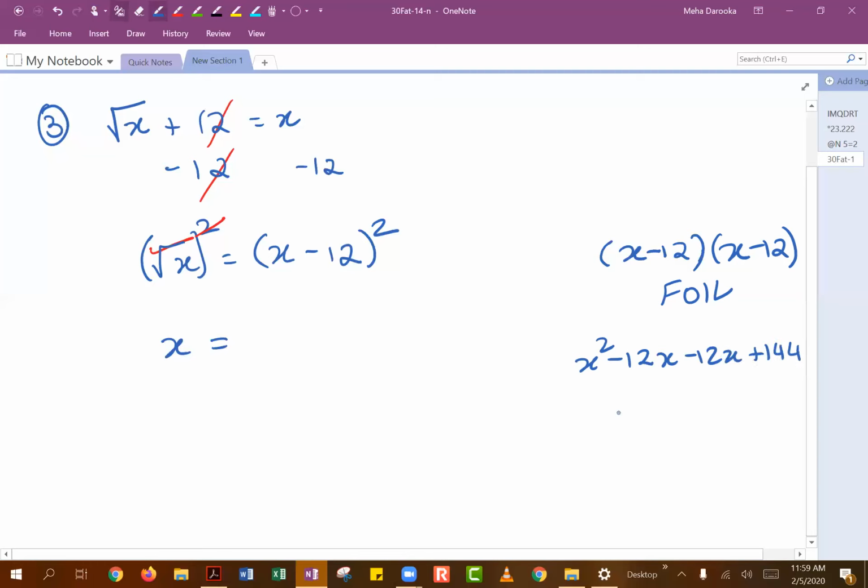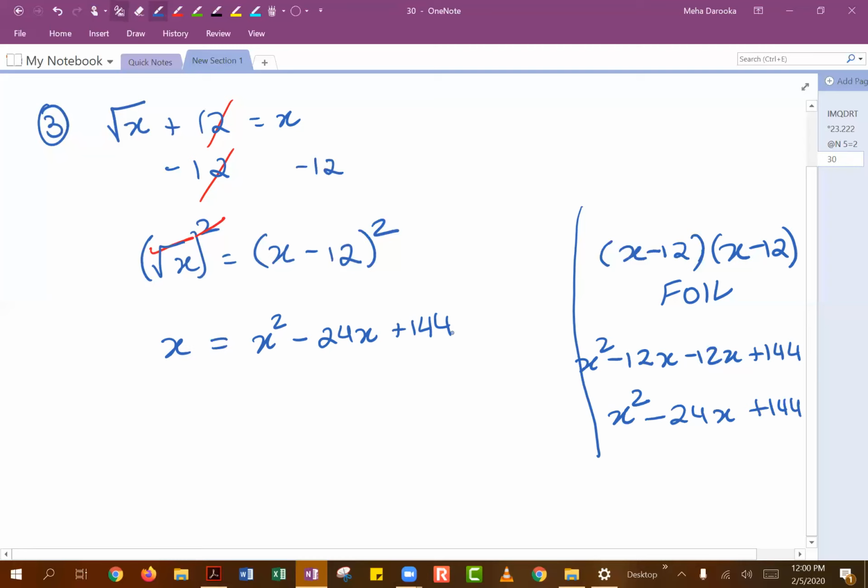And then combine your middle terms, which ends up giving you negative 24x. Very good. So once you multiply that, and this is just our scratch work here, you end up getting x squared minus 24x plus 144. And we still have that singular x on the left-hand side, right?